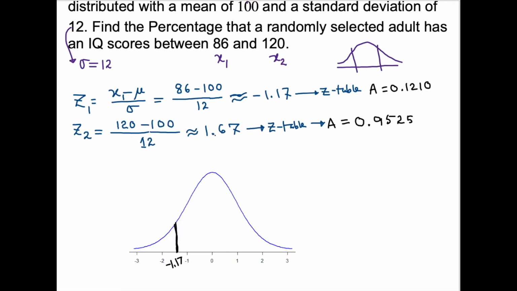Now this one is 1.67, I would go rather here. That point is the z-score location, and this is the left one, this is the right one. This is the shaded part we are looking for: the area in between this shaded region.